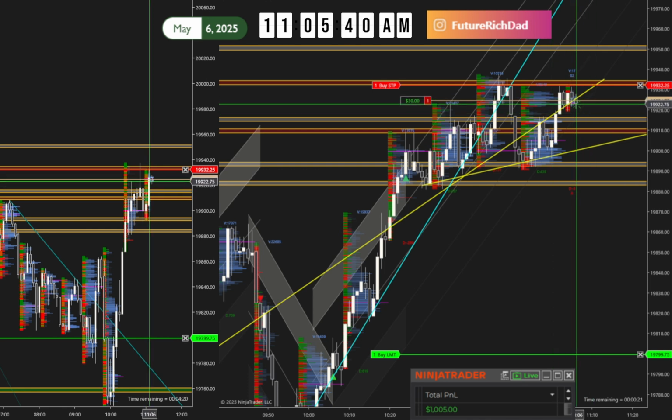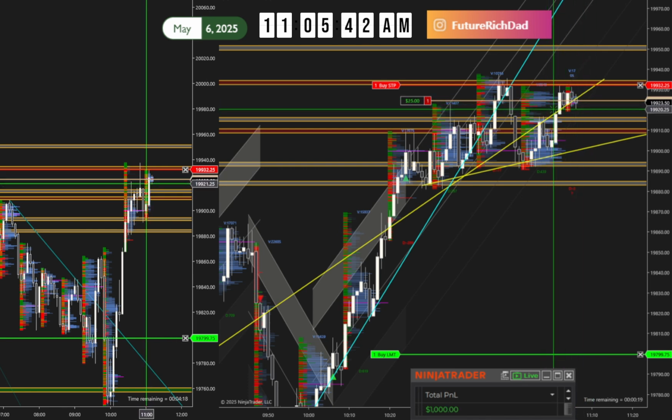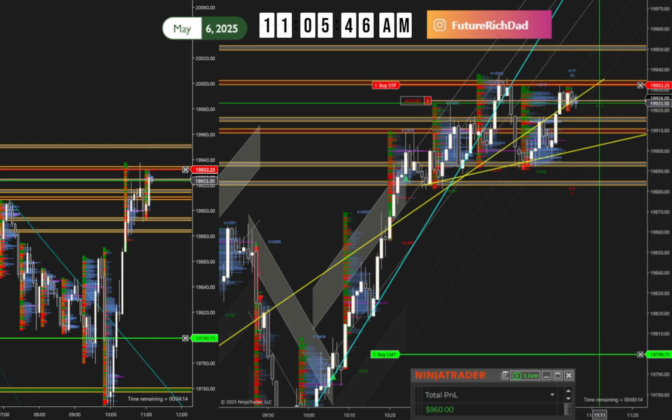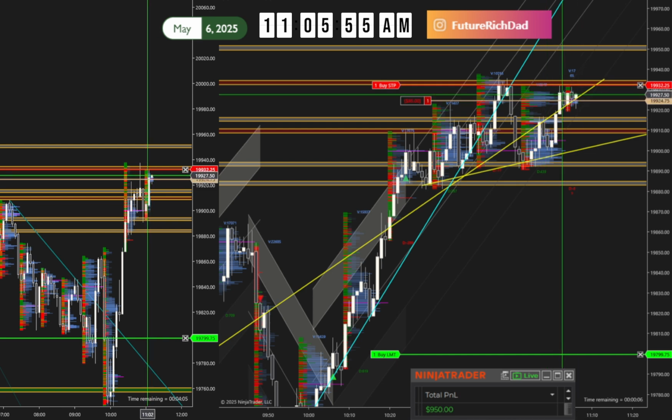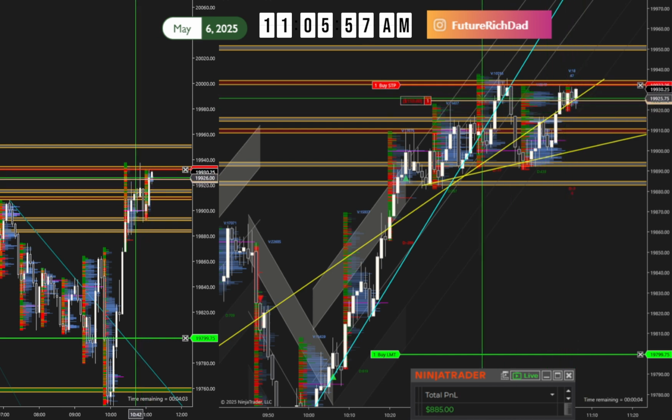There's a lot of hesitation to go to the downside, so we will be in a tough spot. Since the 5-minute candle had just closed, this is most likely a buy opportunity. Yep.